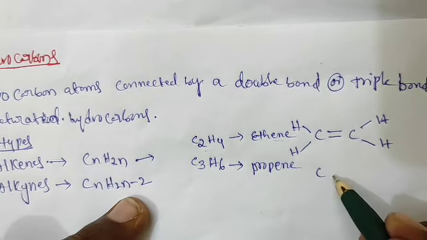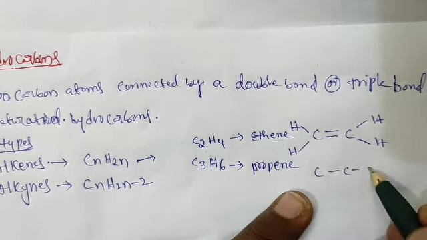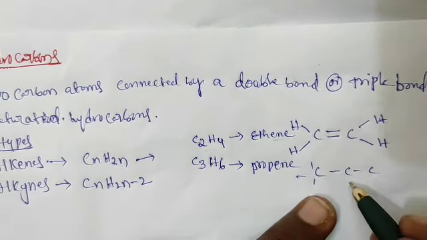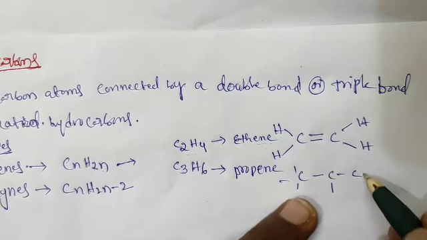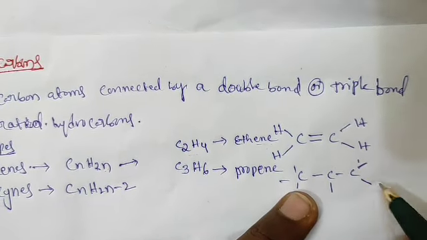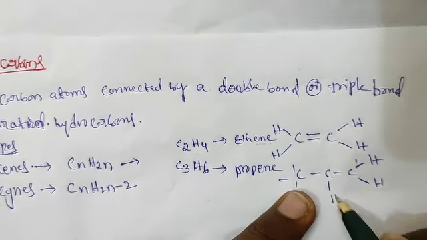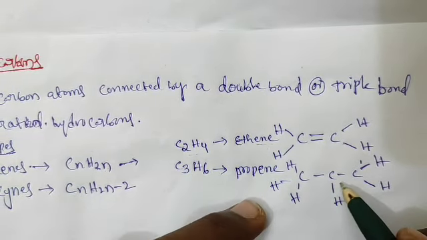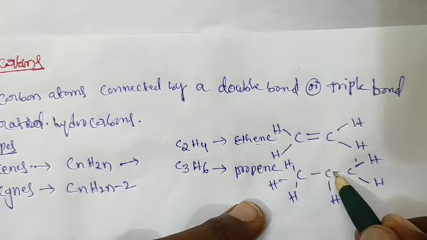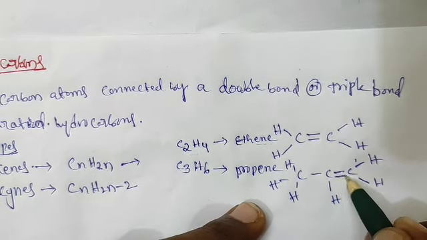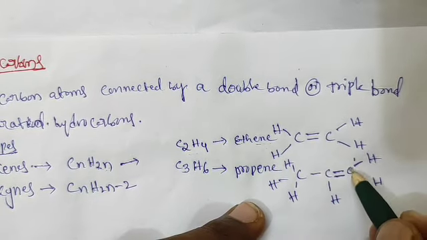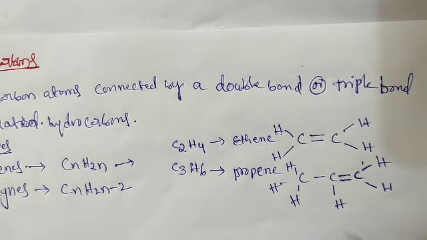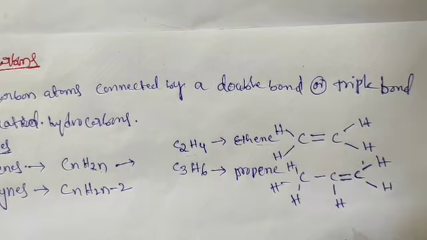Structure is 3 carbons like this, 3 hydrogens, 1 hydrogen, remaining 2 hydrogens like this. Each hydrogen we should write like this. But here this carbon is not satisfied, so we should mention a double bond here. So for every carbon, 4 bonds is there, that is satisfied. Carbon atom is satisfied with the bonds.